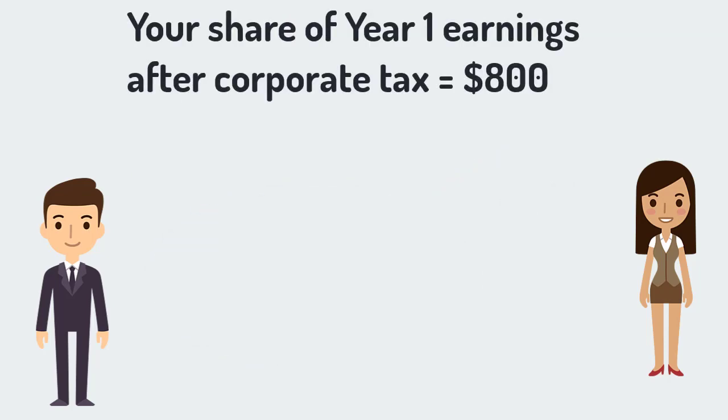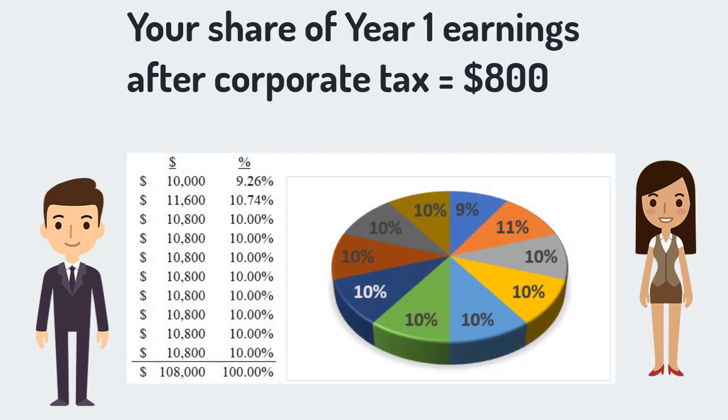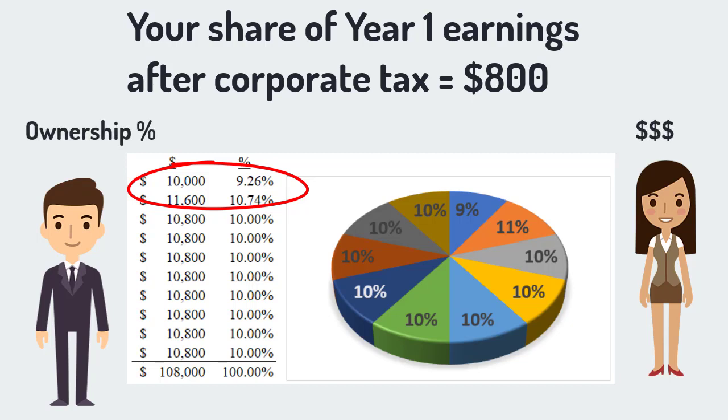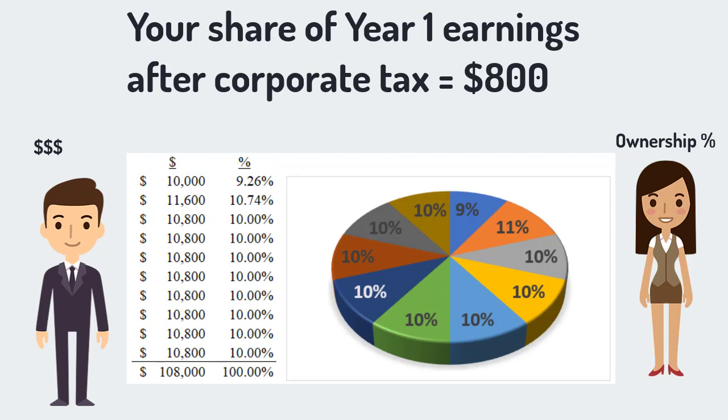And in this case, it would amount to almost 0.75%. And so the year 1 ending capital of $10,800, you sell off $800, and you end up with a 9.26% ownership interest in this now larger pie, which represents a $10,000 investment. And so someone has given you that $800 for that fractional share, and of course you would pay a capital gains tax on that capital gain, which results in a diminished after-tax rate of return.